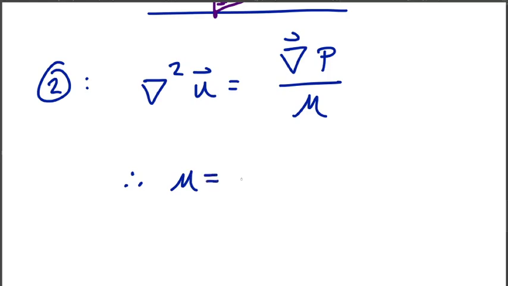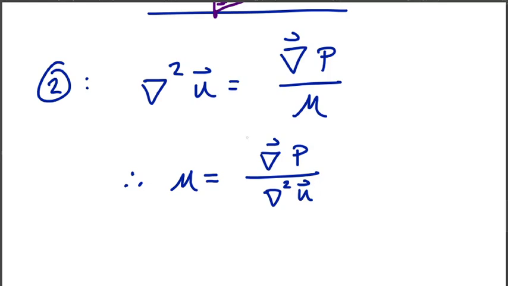We can solve for mu. And we get that mu is given by grad of p over our Laplacian of u. And since this is laminar flow, this ends up being well posed.